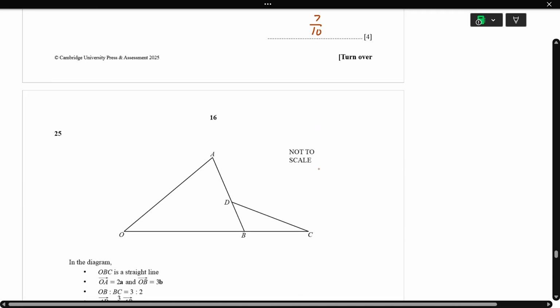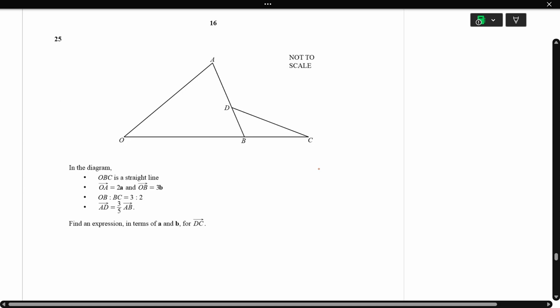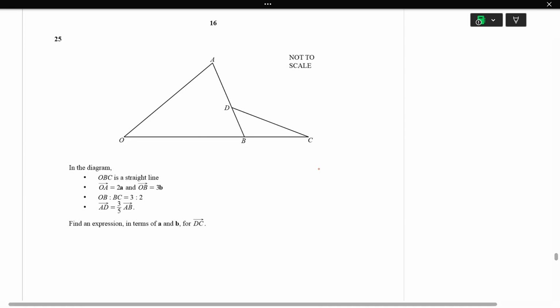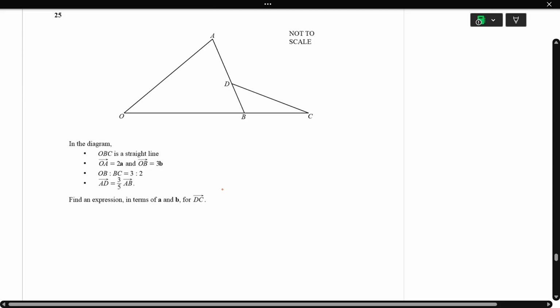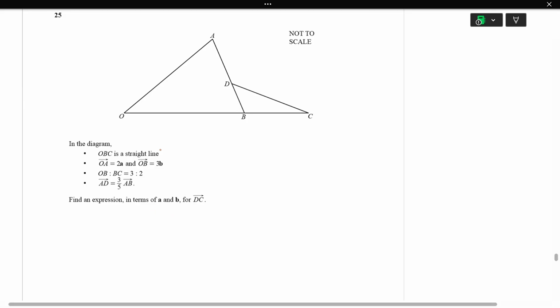The next one, question 25. Here find the expression of DC. So DC we need to calculate here. OBC is a straight line, OB to BC equals 3:2.